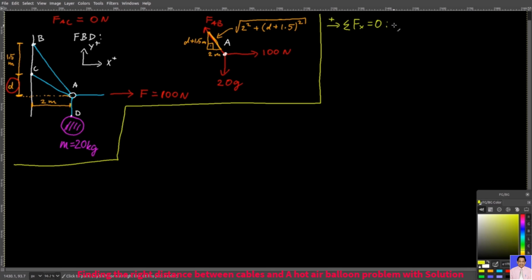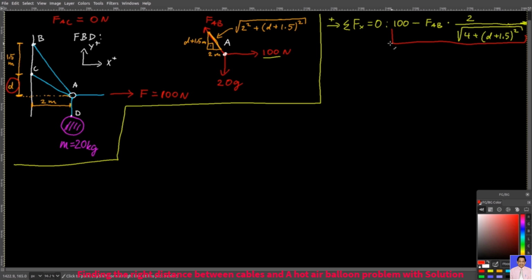In the X direction, you have 100, which is this force here, minus FAB, this force magnitude, times, if you want to get the horizontal component of it, 2 over this hypotenuse that you have here.